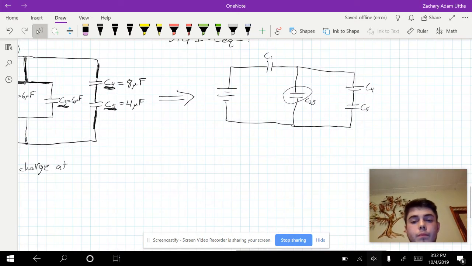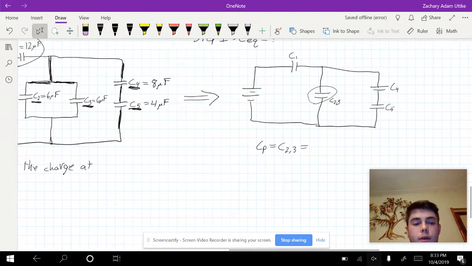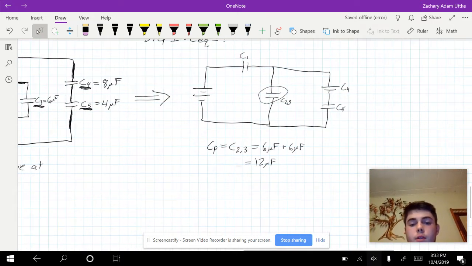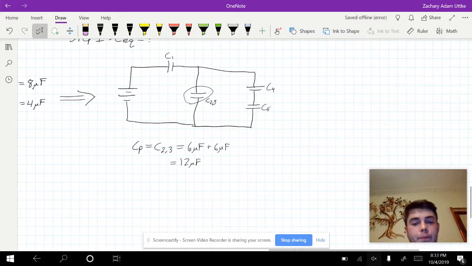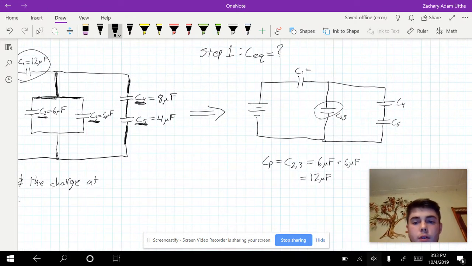So we have to calculate what this is. Because they're in parallel, we use the parallel equation, and we find that 6 microfarads plus 6 microfarads is 12 microfarads. Okay, so that's what C2,3 is. Now we know everything at this level of our circuit.